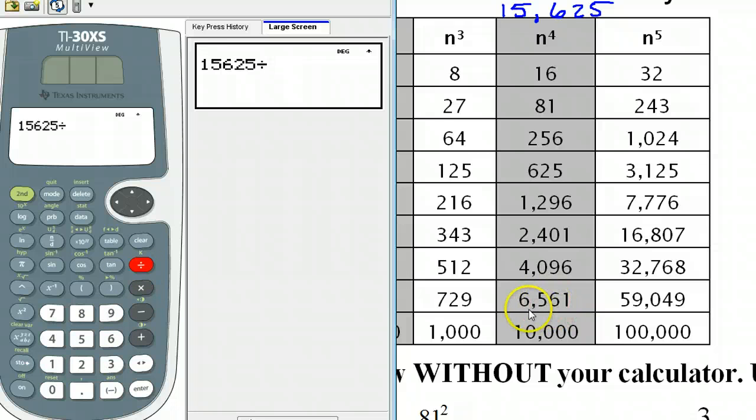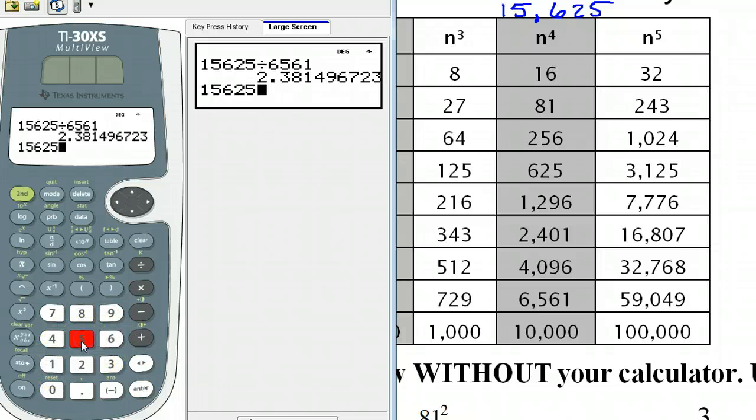All right, how about dividing by 6,561? Nope. All right, how about 4,096? Nope.